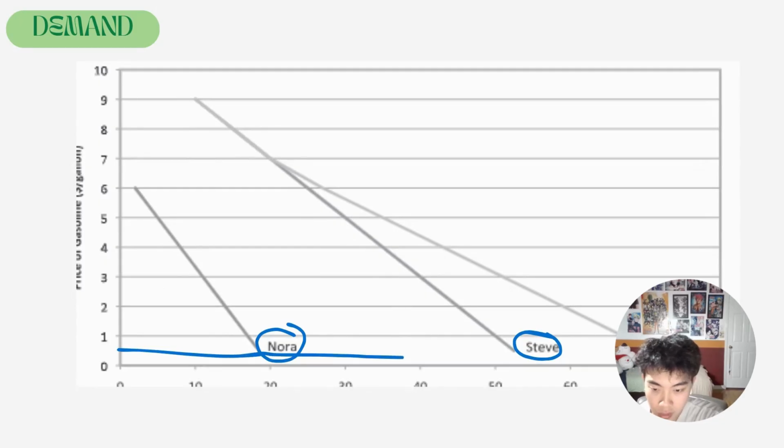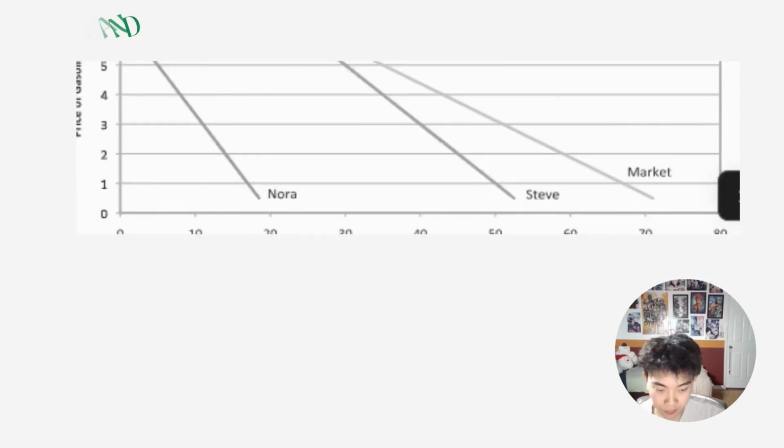So this line and this line will add up to this line. Notice how each line is negative. The x-axis is our quantity demanded and our y-axis is our price. So as price increases, demand will decrease.